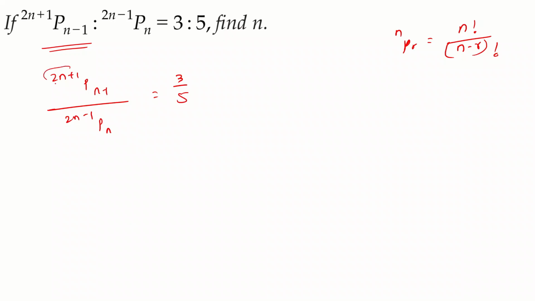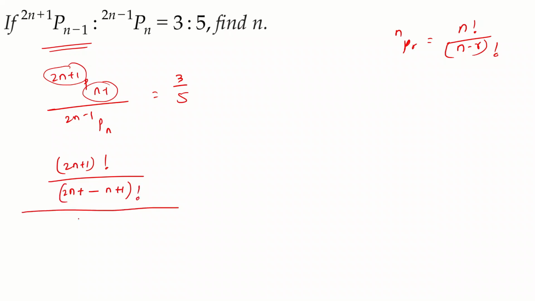So think of this as n and think of this as r. So nPr is n factorial divided by (n minus r) factorial, divided by, again applying the same formula, n factorial divided by (n minus r) factorial, which is equal to 3 by 5. Now let's simplify.